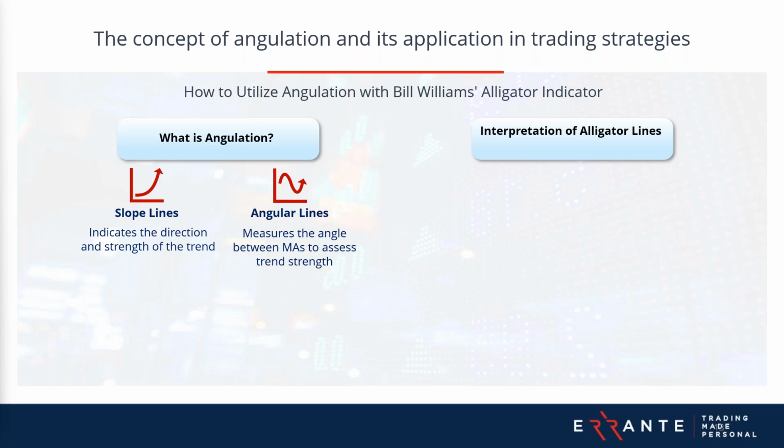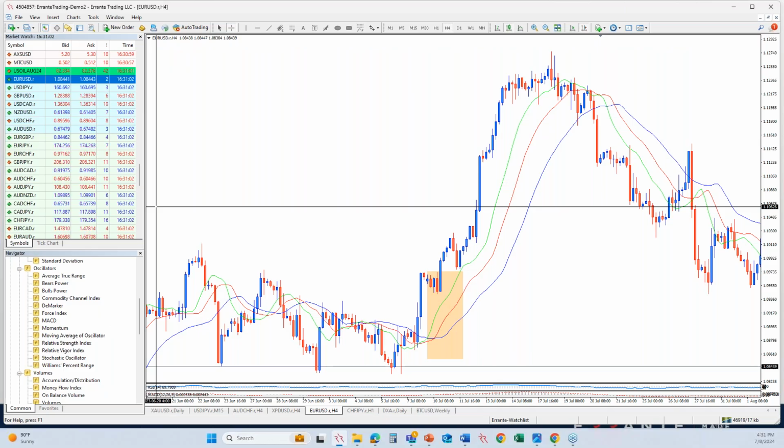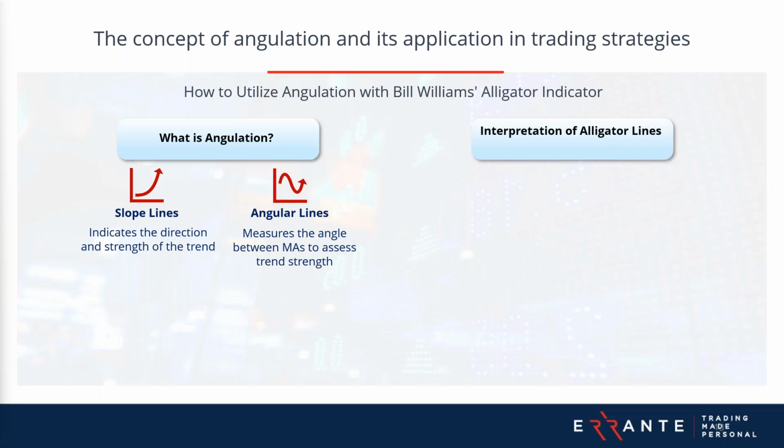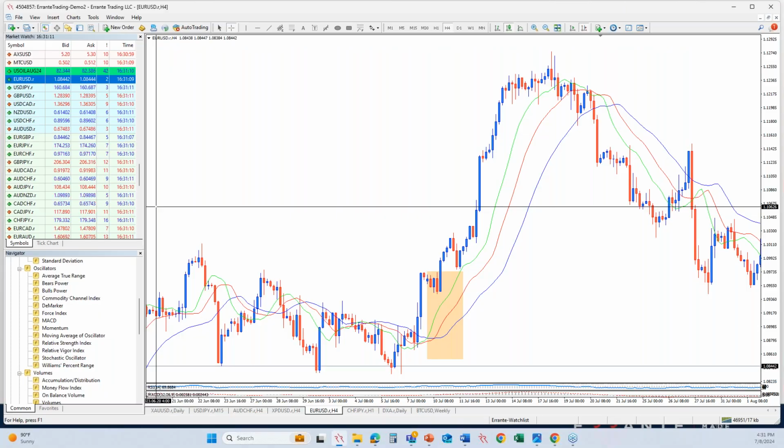On the chart, angulation is observed by looking at how sharply, let me bring my chart here, yes. For example, on a chart, let me make sure that everyone can see my chart. Okay, that's great, thank you for confirmation.